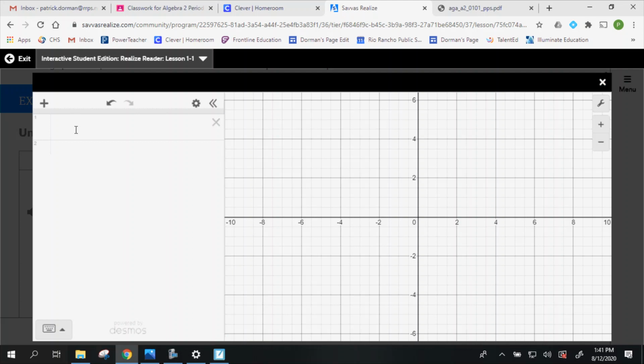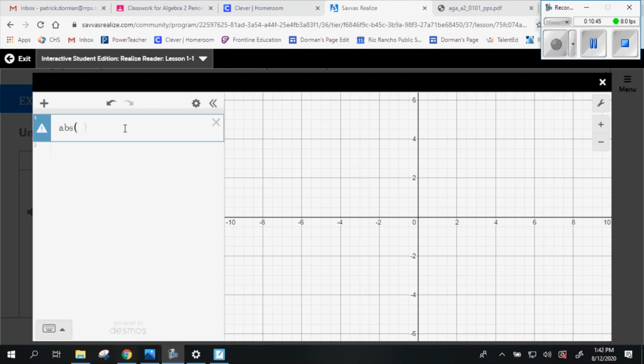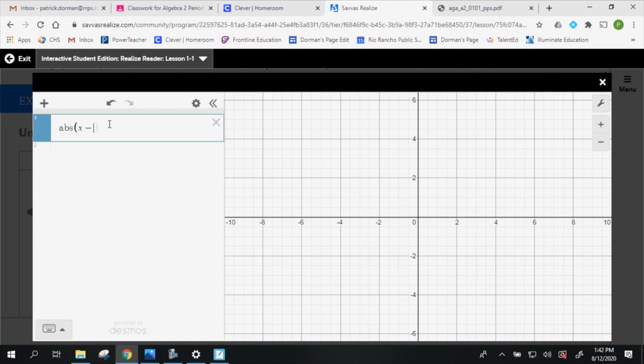And in Desmos, you have to tell it ABS means absolute value of x minus 4. There it is, graphed there.